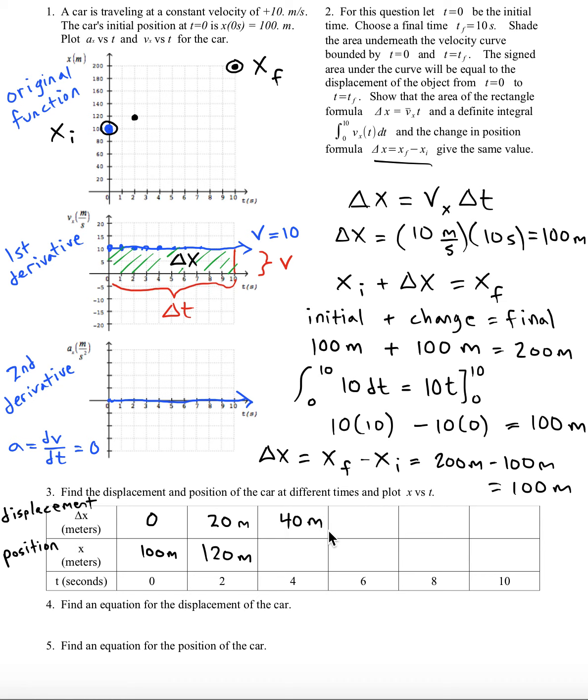That's the change, though. X is where we're located relative to the 0 of the coordinate system. That would be 140. And the pattern keeps going like this until we can draw the graph.